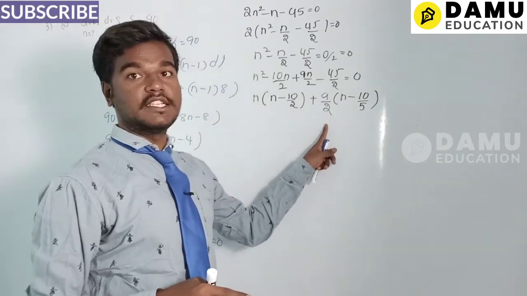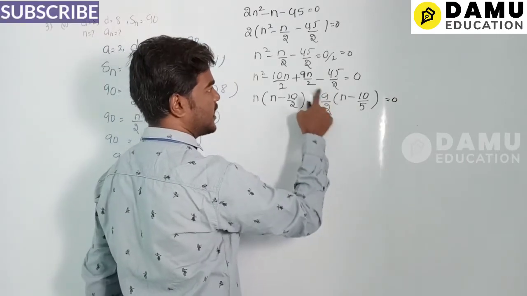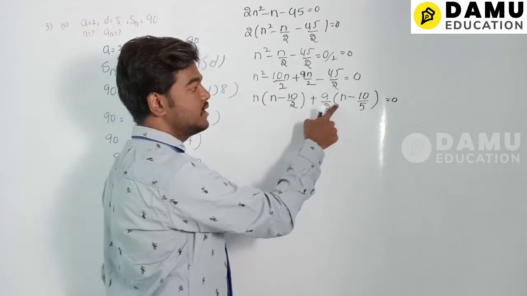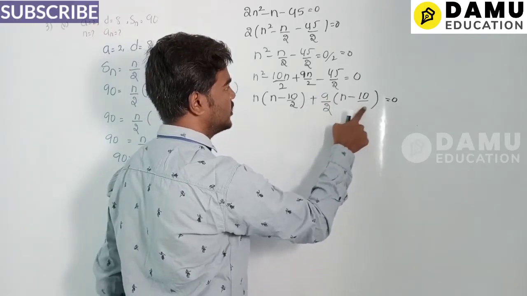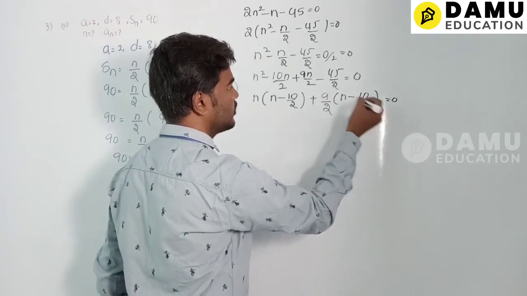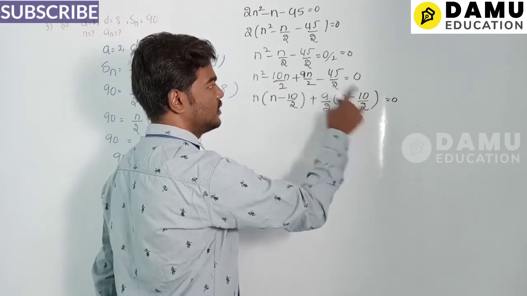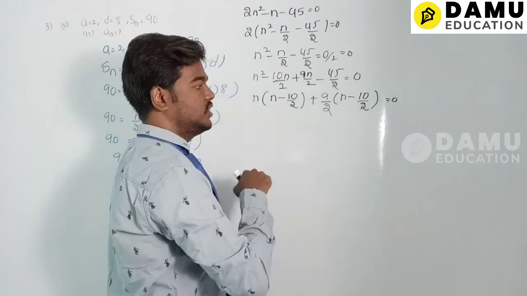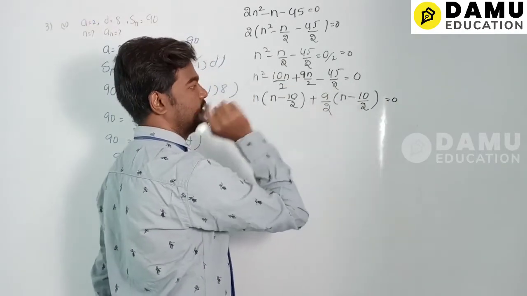It is somewhat difficult to understand. Because here 9n by 2, n by 2 we can take common, n is a single one, and 9 into 10 is 90 by 2, so 45 by 2 we will get here.